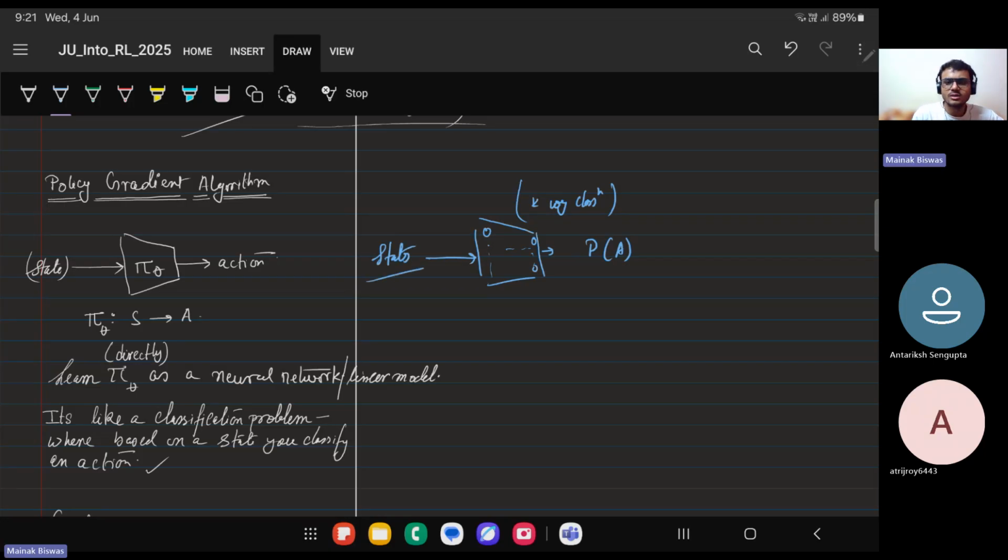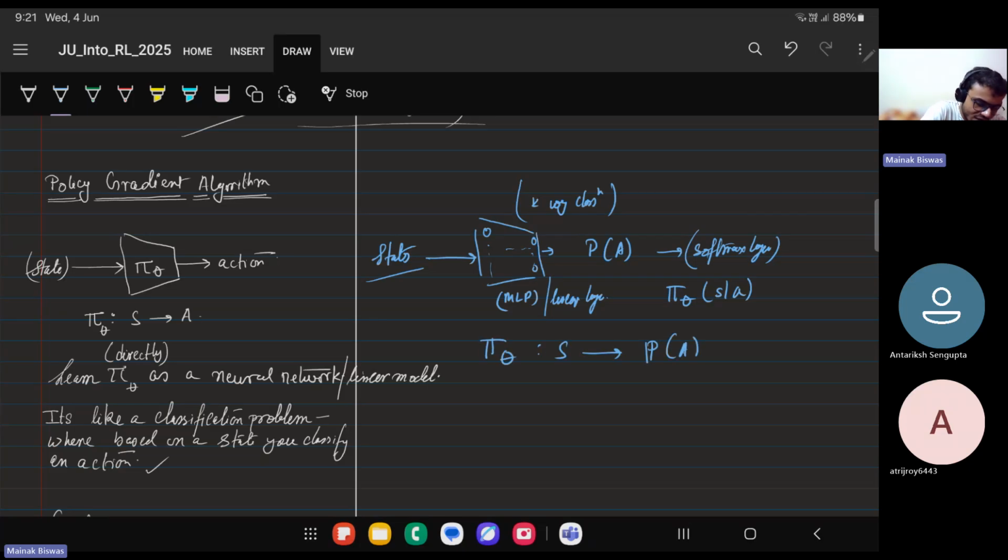Say an MLP. A linear layer will also work. The last layer could be a softmax layer. So we are trying to learn pi theta of A given S, which maps from states to a probability distribution over actions. Theta is the model parameter.